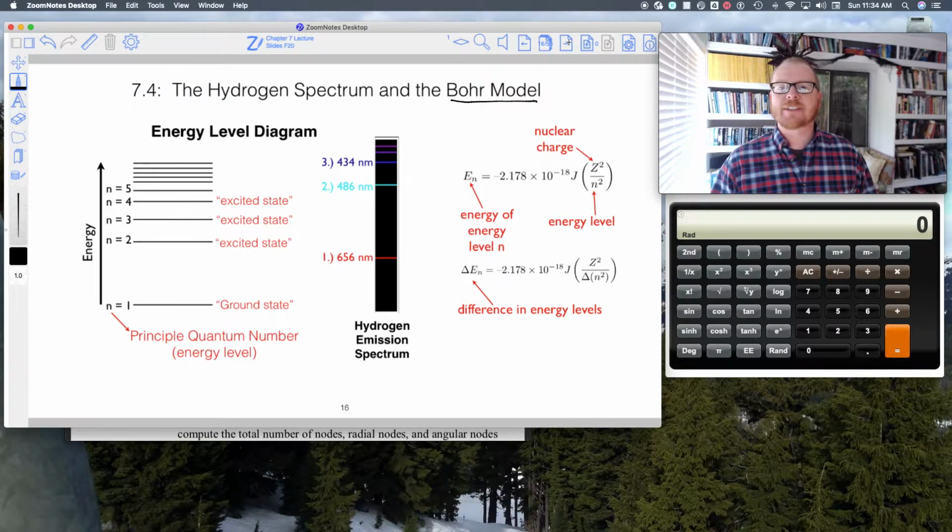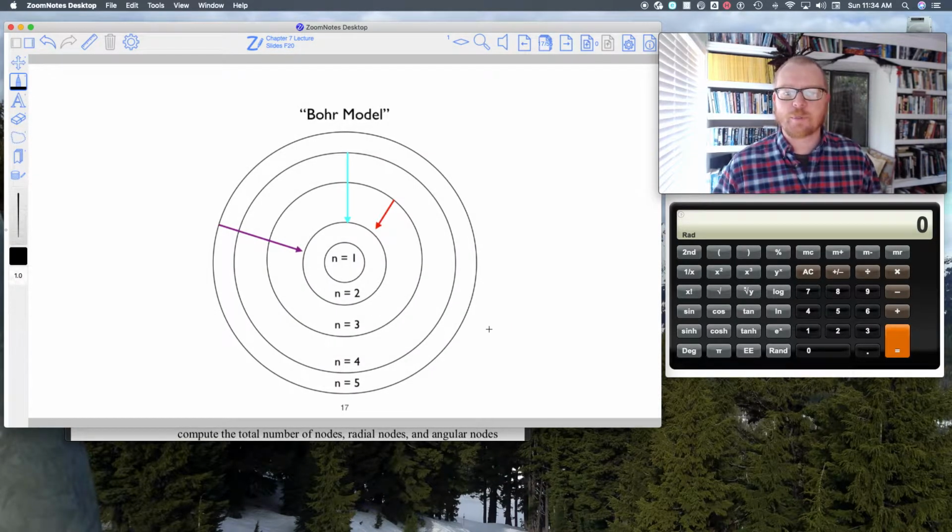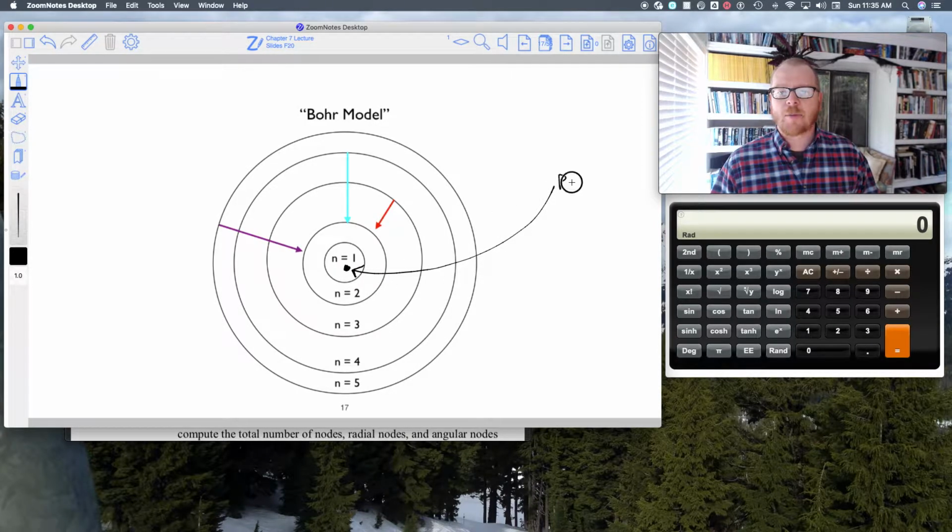I'm going to skip ahead, and what I'll show you with the Bohr model is that here is the nucleus in the center, our protons and neutrons. In the Bohr model, electrons exist in these orbits.